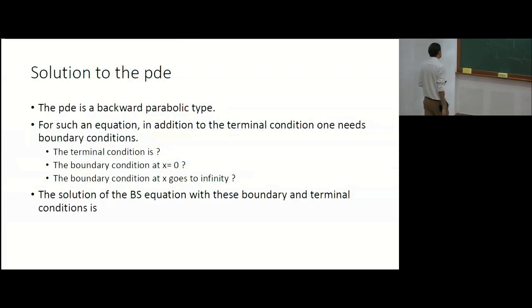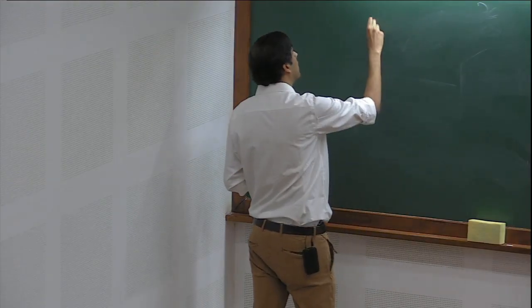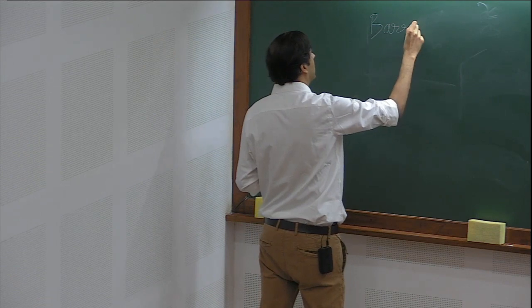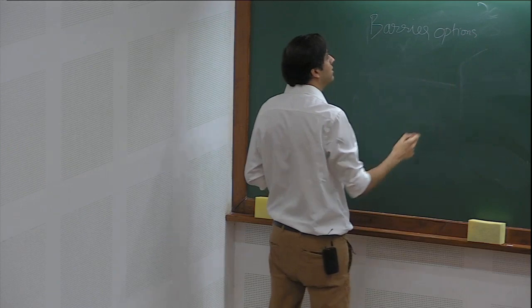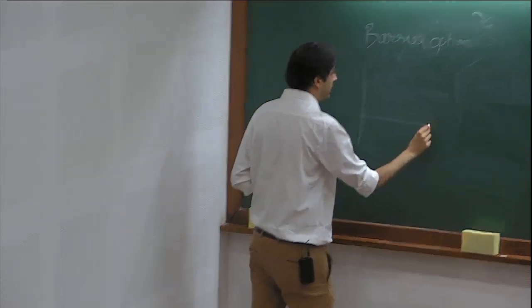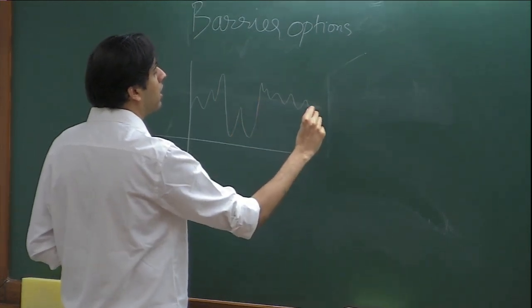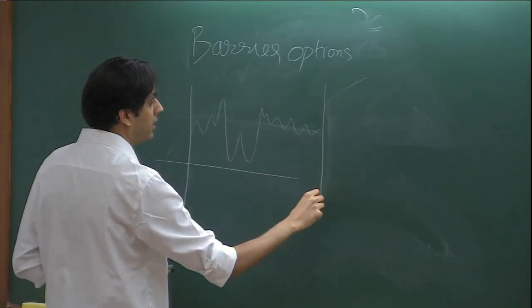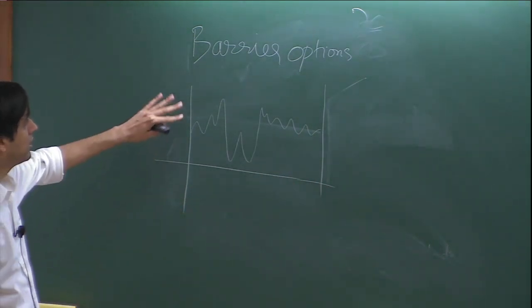So for example, you have barrier options. These are options designed in a way that if the stock price doesn't cross a certain boundary and then ends up in the money, then you get some money. Otherwise, the option will have no value.